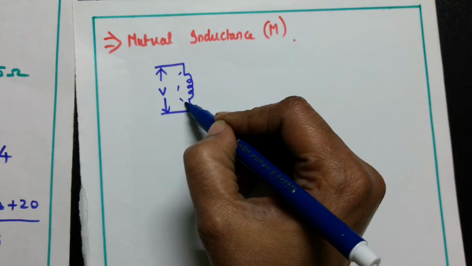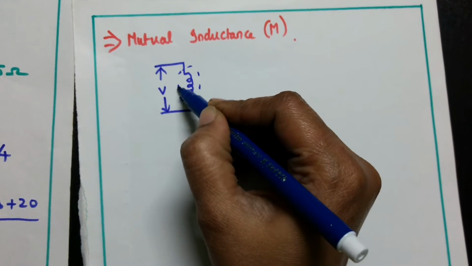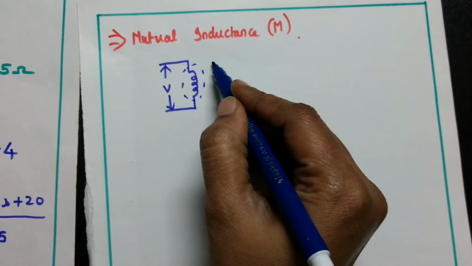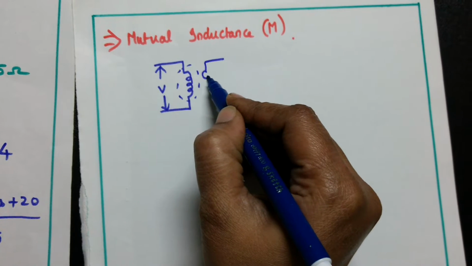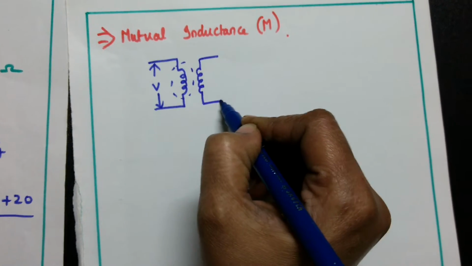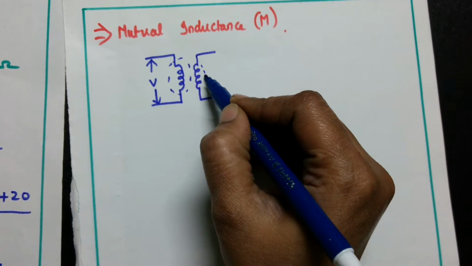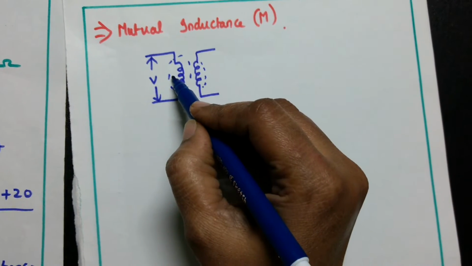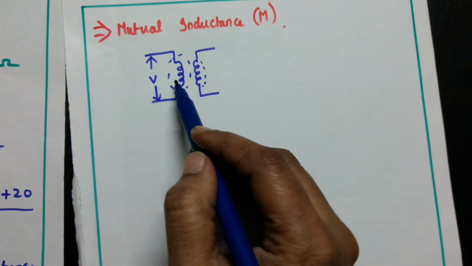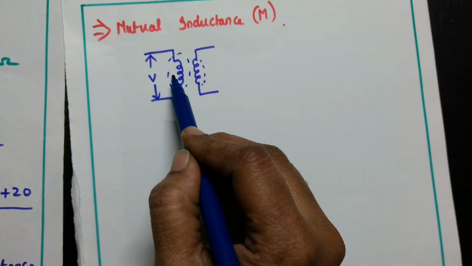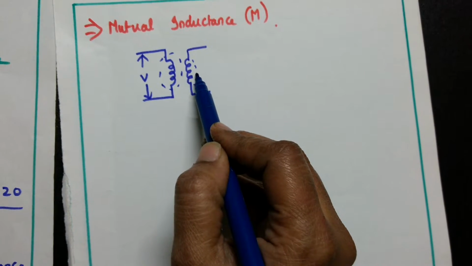We know a magnetic flux will be set up around the coil. When another coil is placed close to this coil, a magnetic flux will be induced in this coil due to the first coil's flux, that is, a part of the flux which is set up in the first coil will be induced in the second coil.